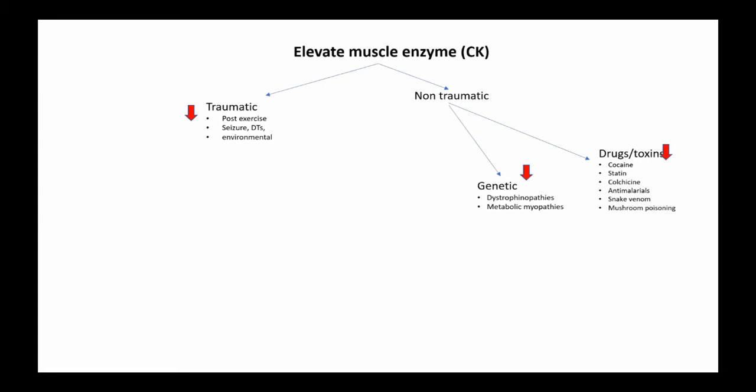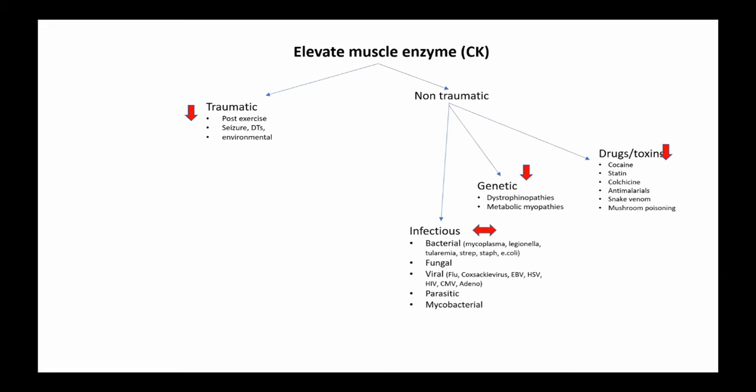Genetic causes, you would expect her to have rhabdo or some other muscle symptoms earlier on in life. Infection is popping up again. Infections can cause an elevated CPK, but in her case, if she had strep, staph, E. coli, Legionella, she would be pretty sick. Some of these viral infections, you would expect to see something on labs, something on imaging, or have other clinical symptoms.